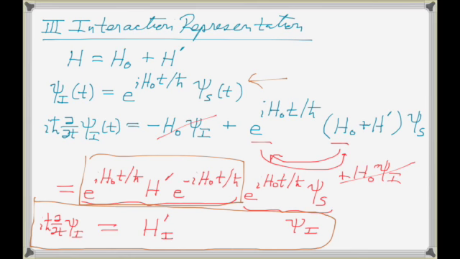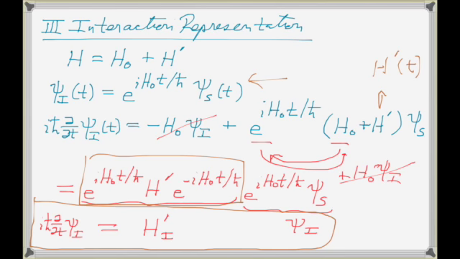And now an important point, which I didn't mention last time, is that even if H' in the Schrodinger representation is time dependent, so even if this is H'(t) in the Schrodinger representation, everything I've done still holds. And so the equation down at the bottom is still correct.